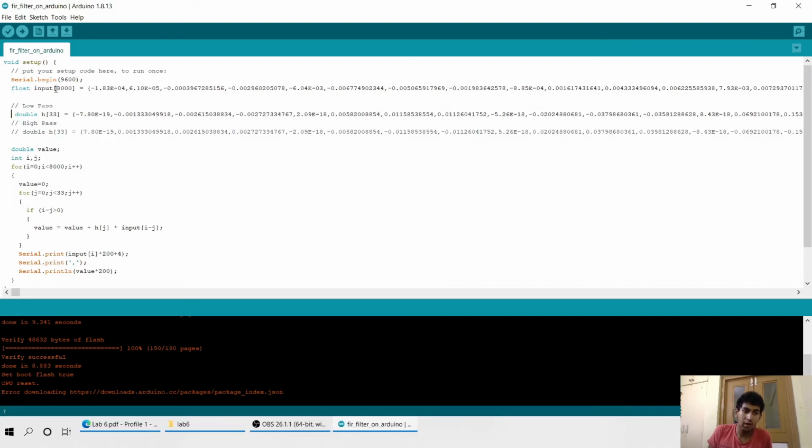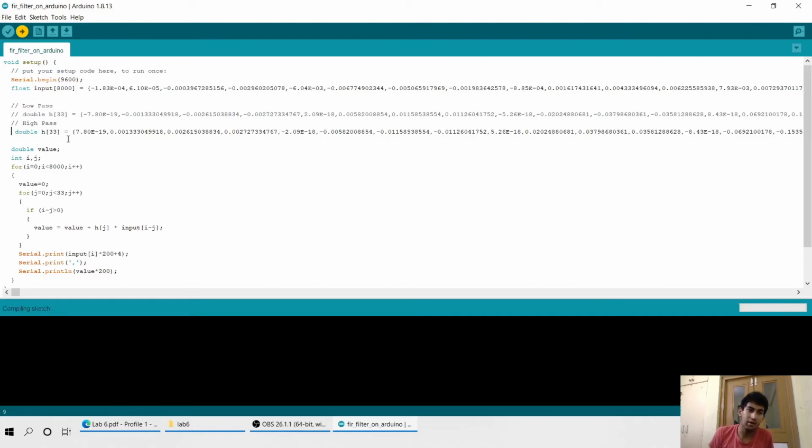I can show you the output of the high pass filter by changing the impulse response like this, and I'll just re-upload it onto the board.